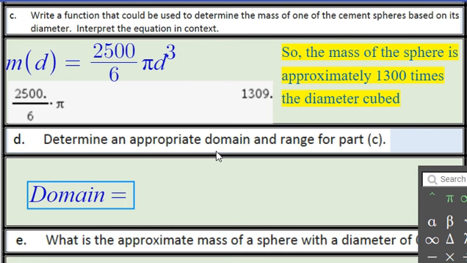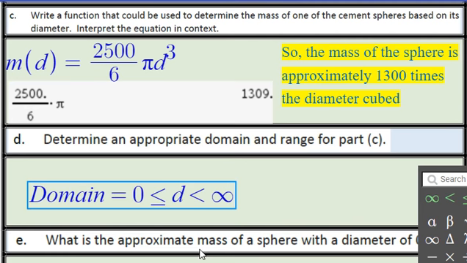We're not going to measure in negative units, so negatives don't make sense. So all I'm doing is saying I start at 0, and that is less than or equal to our domain. We're talking about the x values, right? In this case, the diameter. So a diameter of a sphere from 0 all the way up to infinity.